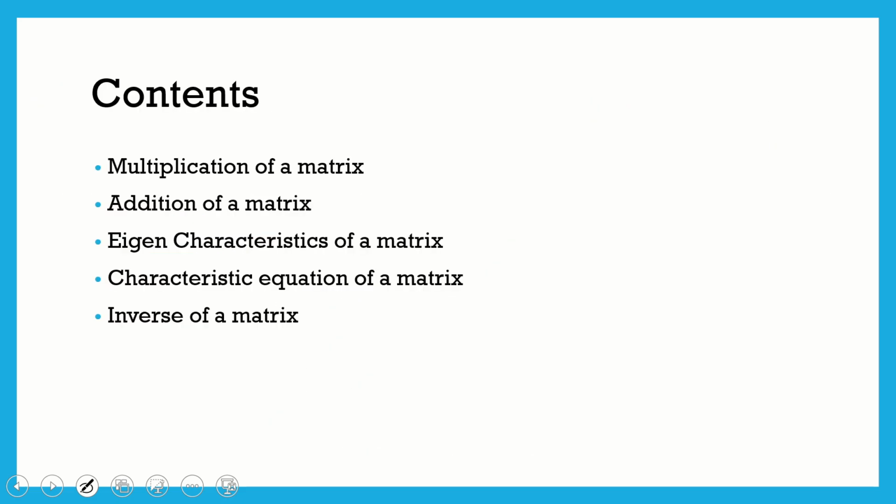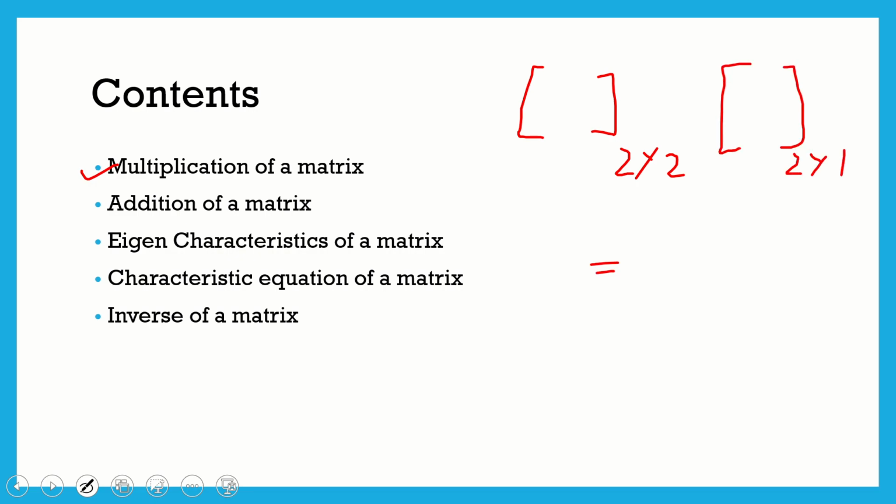In every class we also discuss the contents through which we are going to solve the problem. The first one is multiplication of a matrix. Suppose this is a 2 by 2 matrix and this is a 2 by 1 matrix. What will be the nature of the result?